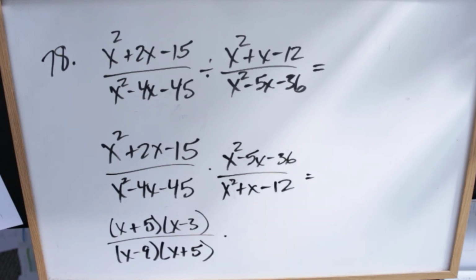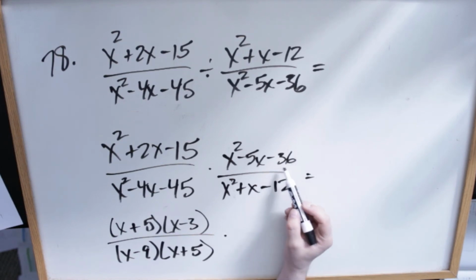All right, let's do the next piece. 36. We got 1 and 36, 2 and 18, 3 and 12, 4 and 9, and that is going to be our number. 4 and 9. Okay?